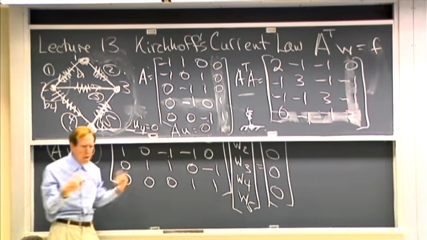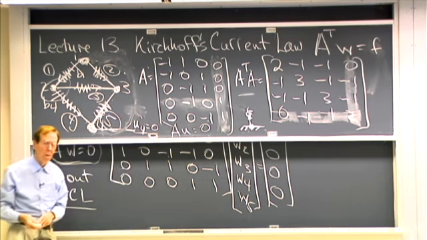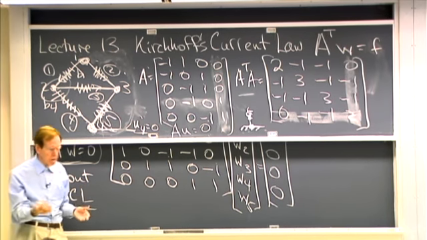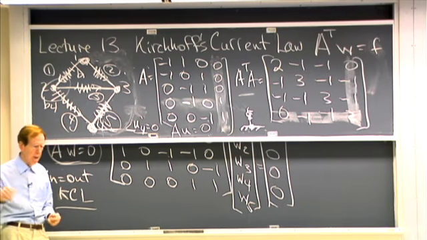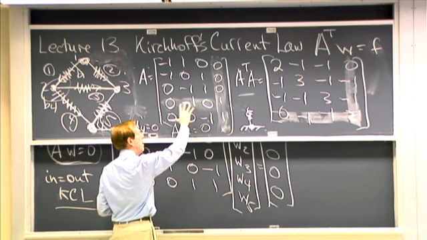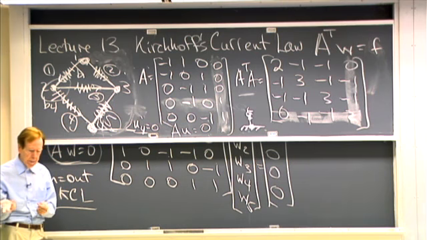Just so we get started, remind me what the solutions U were for AU equals 0. 1, 1, 1, 1, or any multiple of it. A whole line of vectors, C, C, C, C, any constant C. Okay, so there were 4 columns, but only 3 were independent.